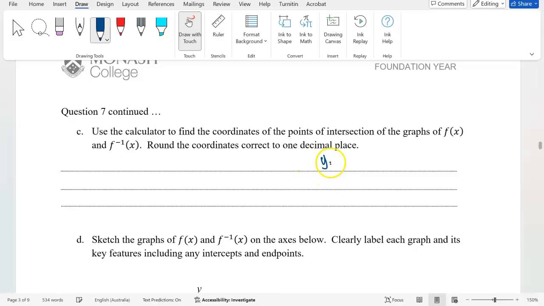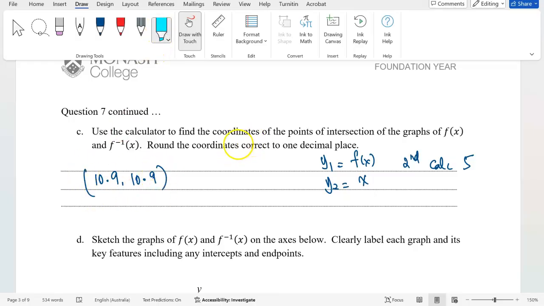So you're going to put in y1 equals f(x), and for y2 you're going to put in x, and then you're going to do second calculate, number 5. All right, and I think the answer should be, if I'm not mistaken, 10.9, 10.9. We want it in 1 decimal place. Make sure the x and y coordinates are the same. Both must be exactly the same.